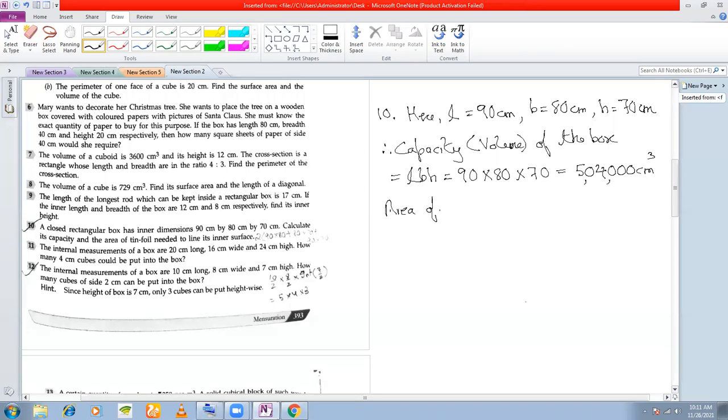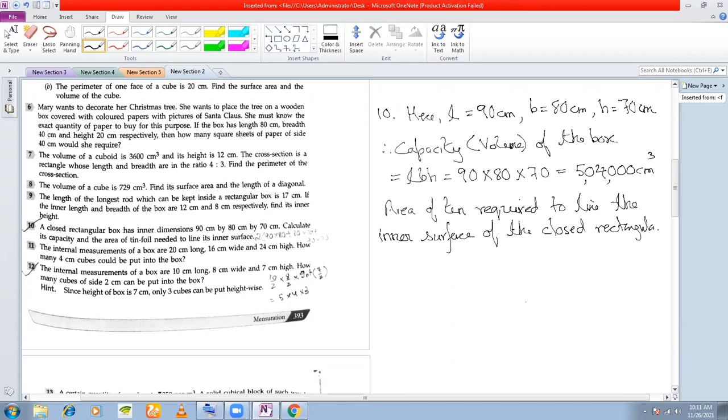Area of tin required to line the inner surface of the closed rectangular box is equal to total surface area of the cuboid.